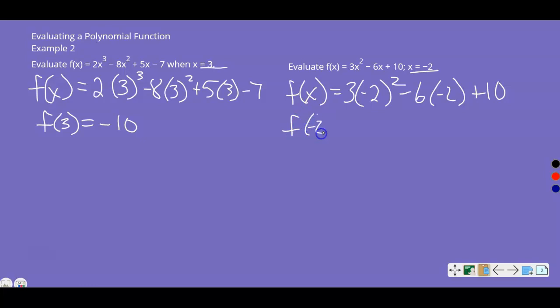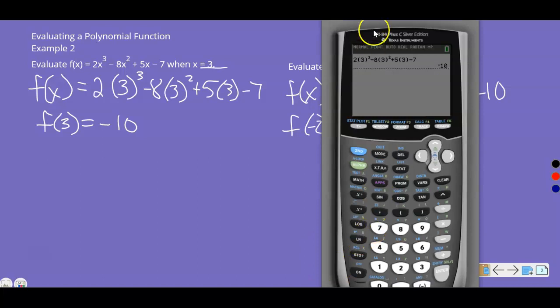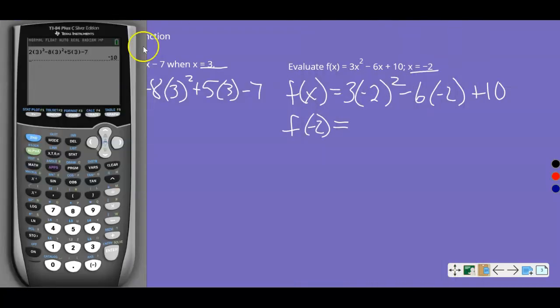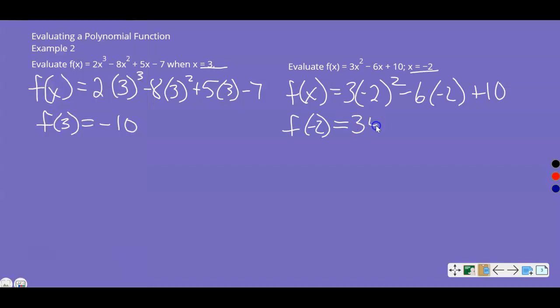So f of negative 2 equals, do the same thing, pull up your calculator, and we're going to have 3 times negative 2 squared minus 6 times negative 2 plus 10. All right, so f of negative 2 is 34.